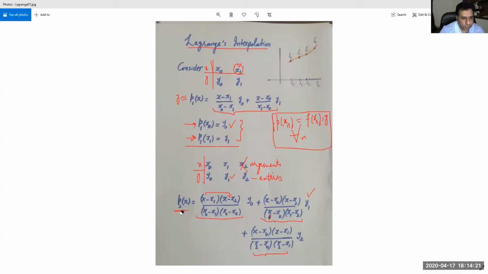Now we want to generate a second degree polynomial. Of course, these are factors of this polynomial. When you multiply these two factors, you will be getting an x squared term with some other coefficients. And when you combine all these 3 components, you will get a second degree polynomial that will be called a Lagrange interpolating polynomial.